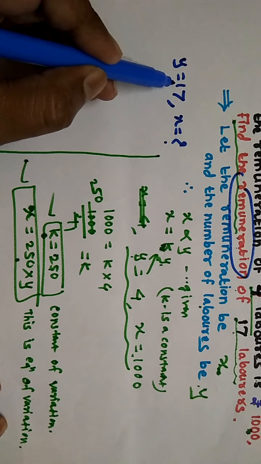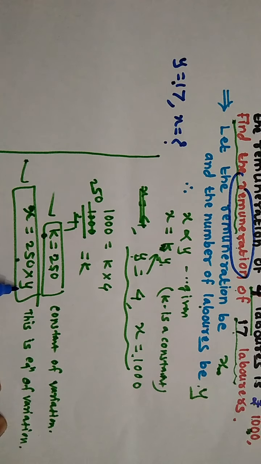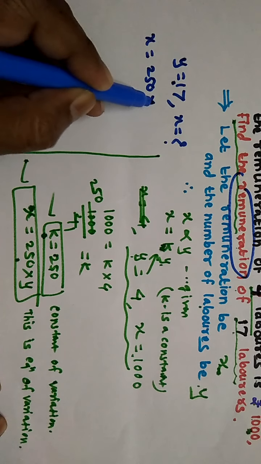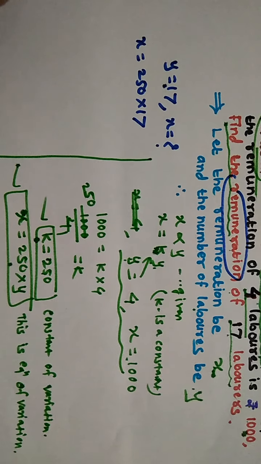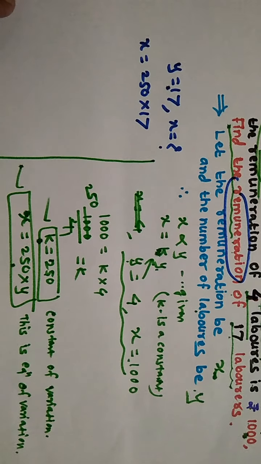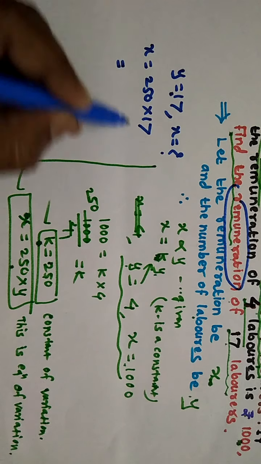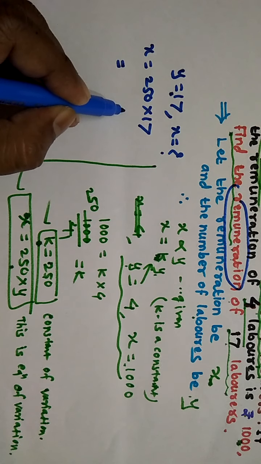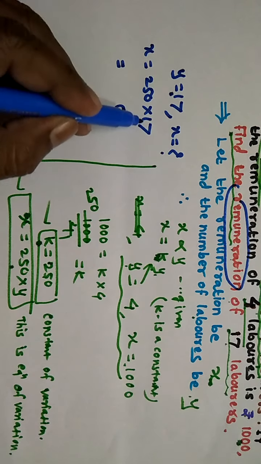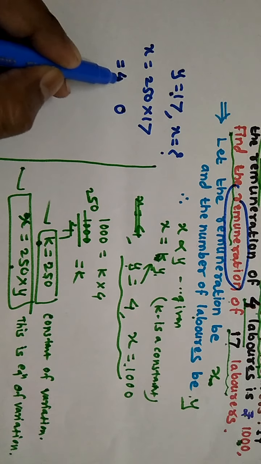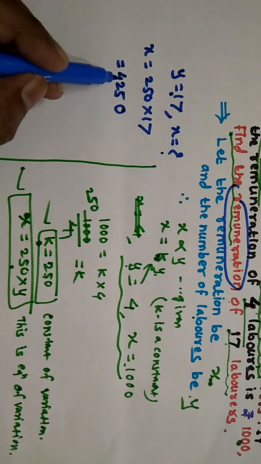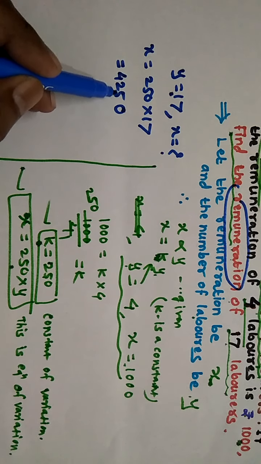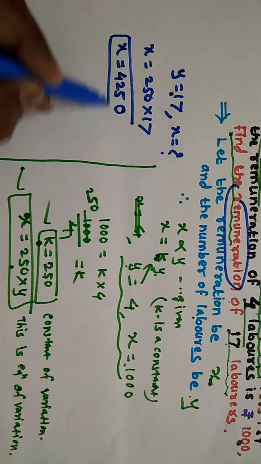Now putting the value of y in the equation of variation, we get x is equal to 250 into 17. Taking the product of 250 into 17, we get 4250. This is the value of x.